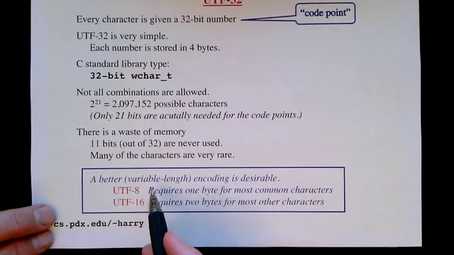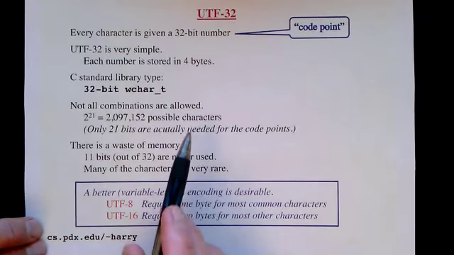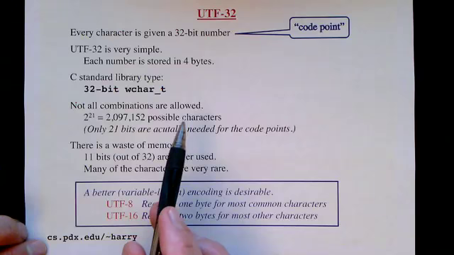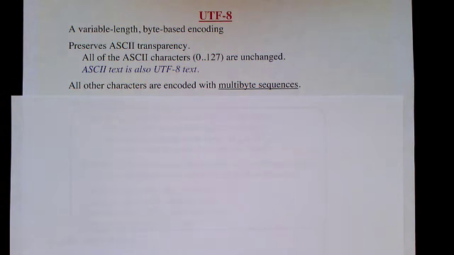So these are variable length encodings, meaning some characters require 1 byte, others require 2 bytes, others require even more bytes. So common characters have shorter encodings, less common characters require more bytes to encode. UTF-32, on the other hand, is a fixed length encoding requiring 4 bytes for every character, whether or not they're needed or not.